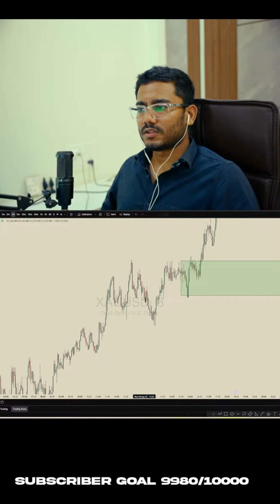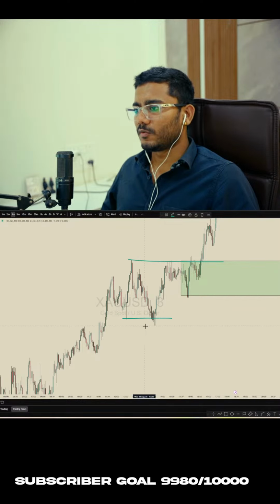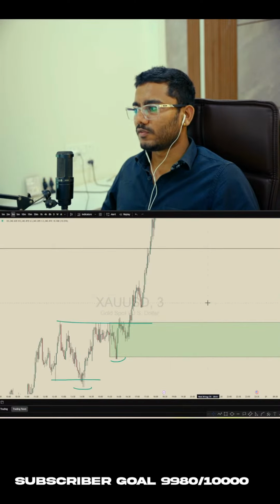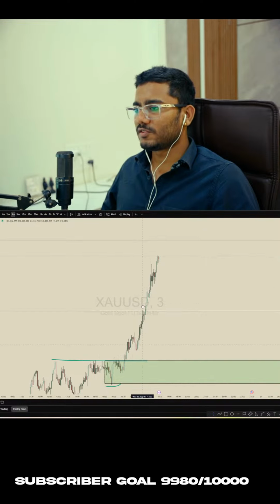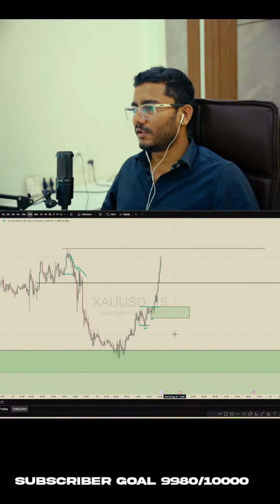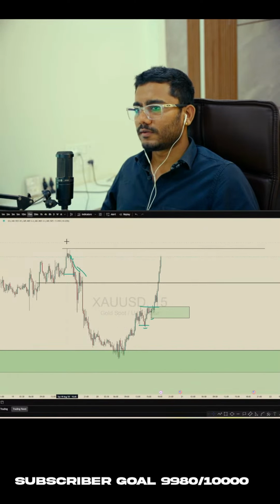If you look at this structure, 3 minute, price has already swept this previous liquidity and is creating strong lows to the downside. And we don't see any structure to the upside forming any low or any change of pattern.